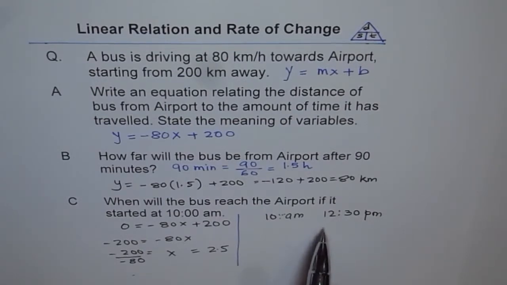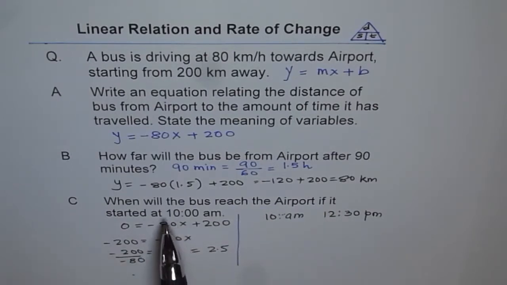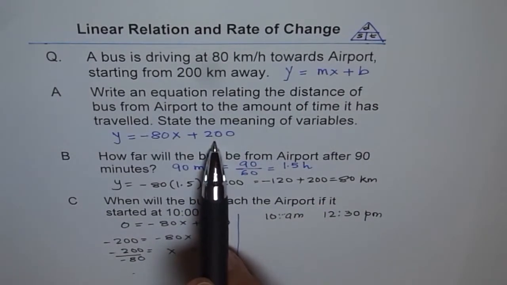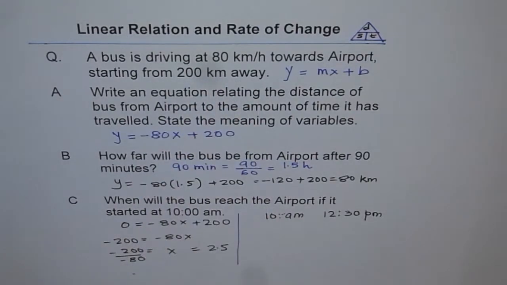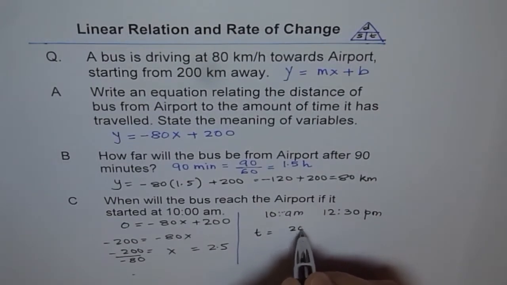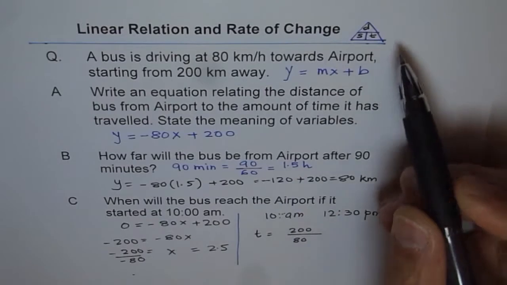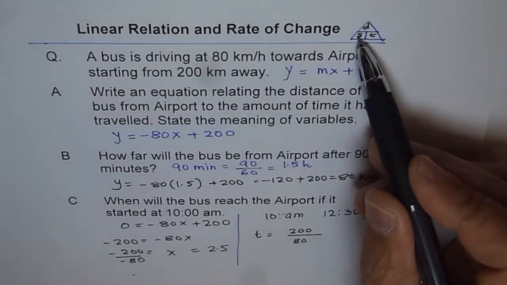Alternate way to do it was, when will the bus reach the airport? The bus needs to cover 200 kilometers, correct? And it's moving with the speed of 80 kilometers per hour. Therefore, time taken will be 200, the distance, divided by 80, the speed, right? Time is distance divided by speed.